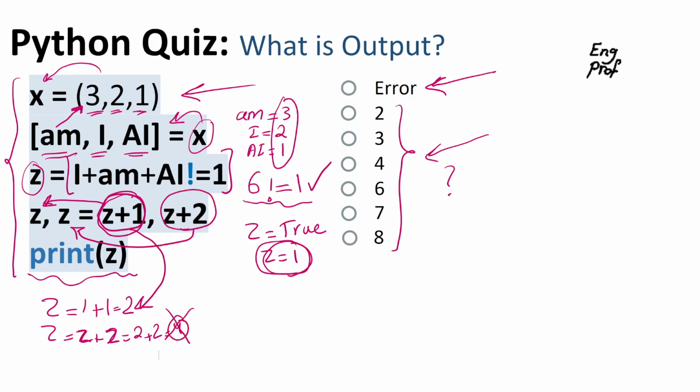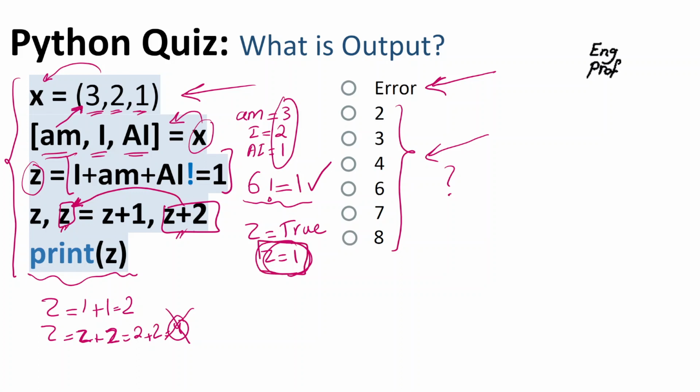The right way of thinking about the fourth line is in parallel. It's as if we are saying z plus 1 is assigned to z, and at the same time z plus 2 is assigned to z, but this happens in parallel. Since the last assignment is the dominant one, what matters is the last one: z plus 2 assigned to z.